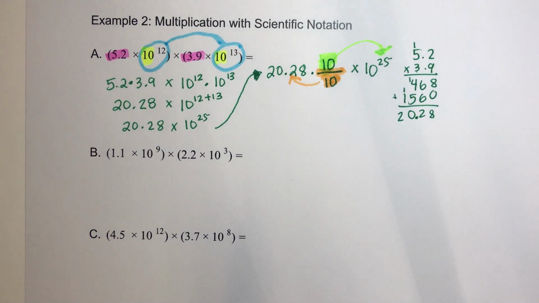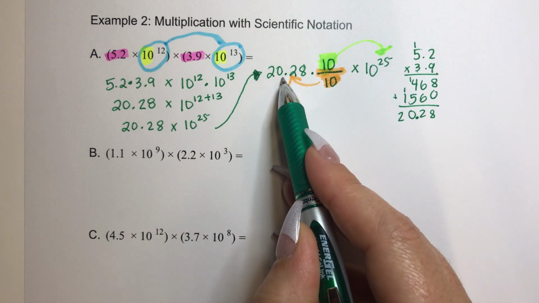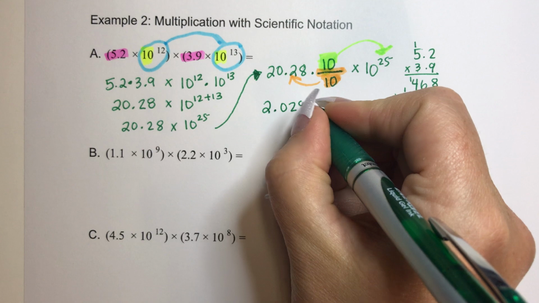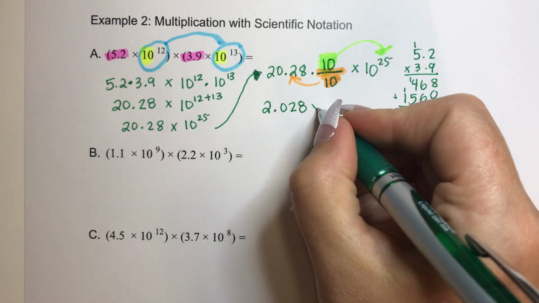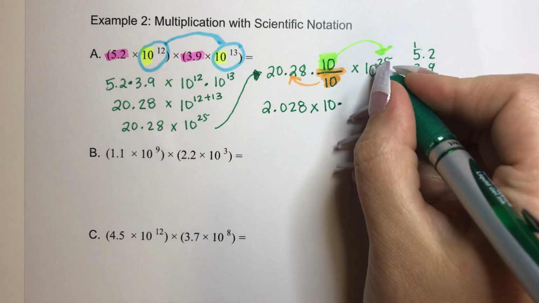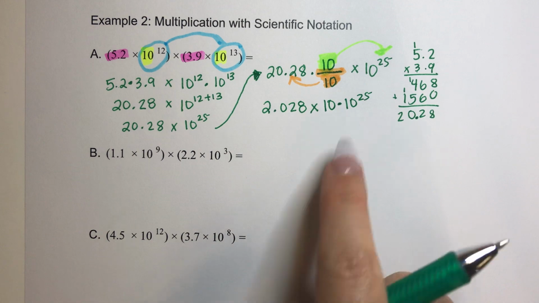So let's see how this is done. When we go 20.28 divided by 10, that moves the decimal place, and we're left with 2.028 times this 10 times 10 to the 25th. Now we have the same base, right?